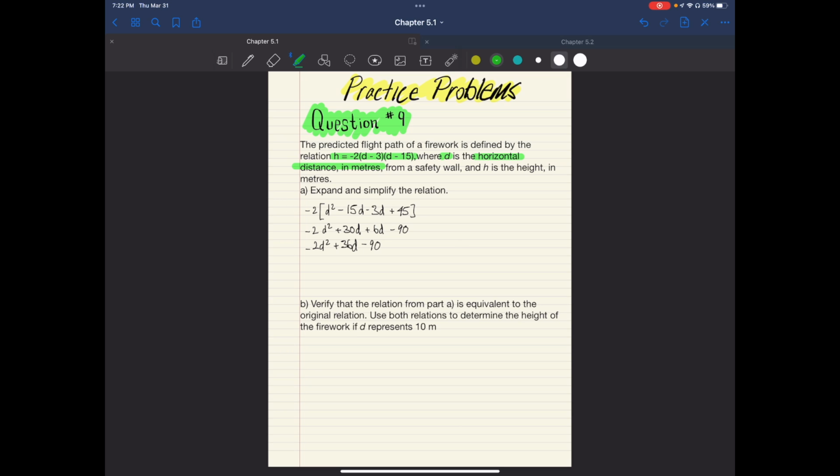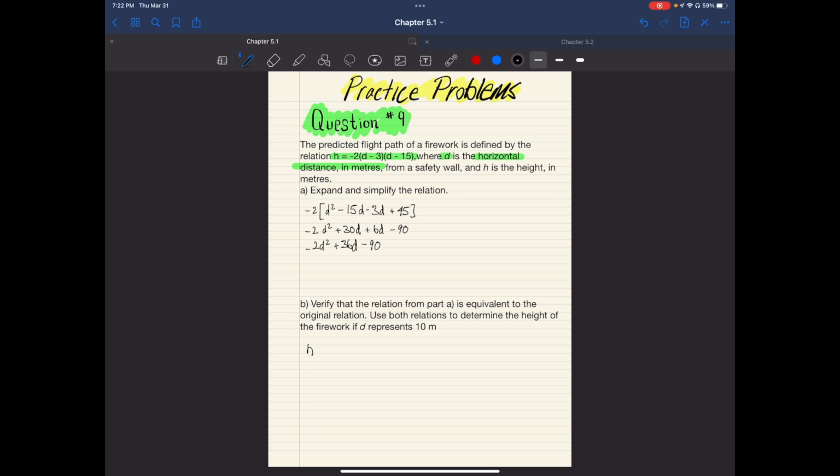Sorry. Very tired. So we'll do the second part first. So if d represents 10 meters, we'll use the original relation.